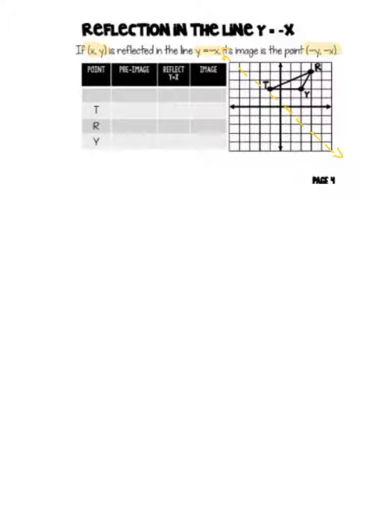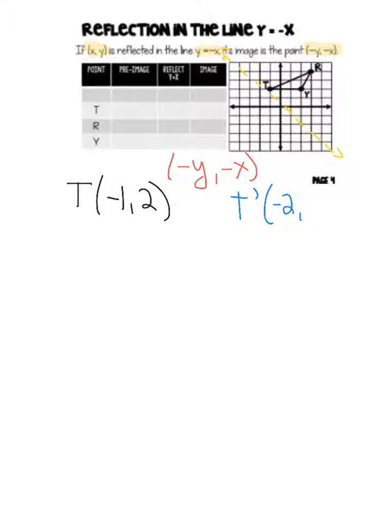So now we've got to plot our points. T, again, is at (-1, 2). Our rule is that we're swapping positions and changing signs. And so T prime is going to be at (-2, 1). This 2 changes position, so y becomes the x, and we change the sign.